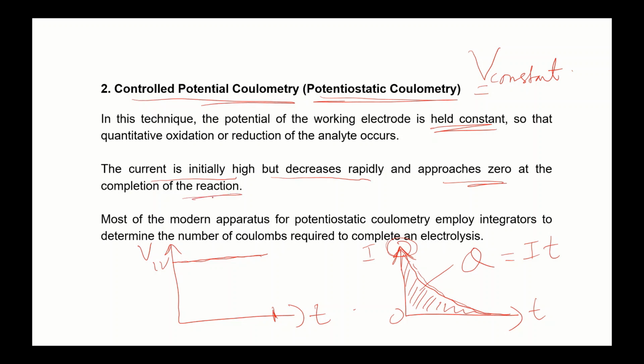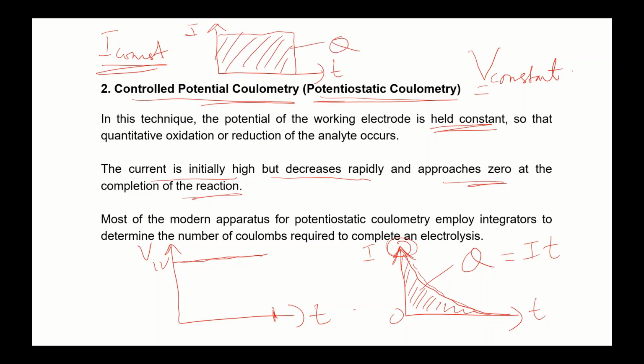Most modern apparatus for potentiostatic coulometry employs an integrator to determine the number of coulombs required to complete an electrolysis. But for constant I, if you plot I versus time as in the previous method, I times T, so I is constant and this is the area.